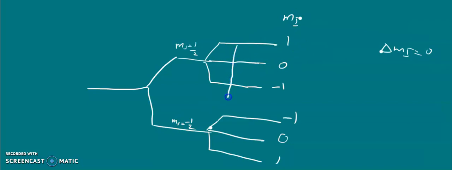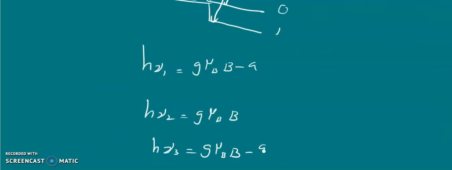So we have 3 lines: m_i 1 to m_i 1, m_i 0 to m_i 0, and m_i minus 1 to m_i minus 1. And you can find out the energies of those 3 lines by finding the energy difference between the corresponding initial and final levels. So this is also an assignment for you, and I will just write the final results. We can see that there are 3 lines.